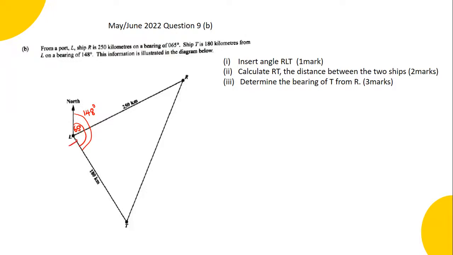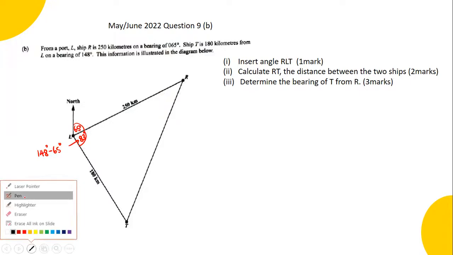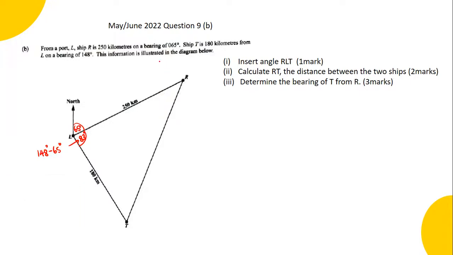So the remainder, this little angle here, is going to be 148 degrees take away 65 degrees, and that will give you a total of 83 degrees. I am now going to proceed to erase this 148 so we can clearly see the angles that we have on our diagram. All right.